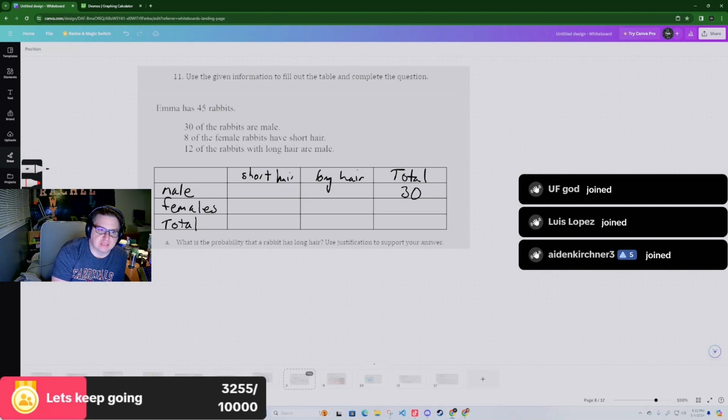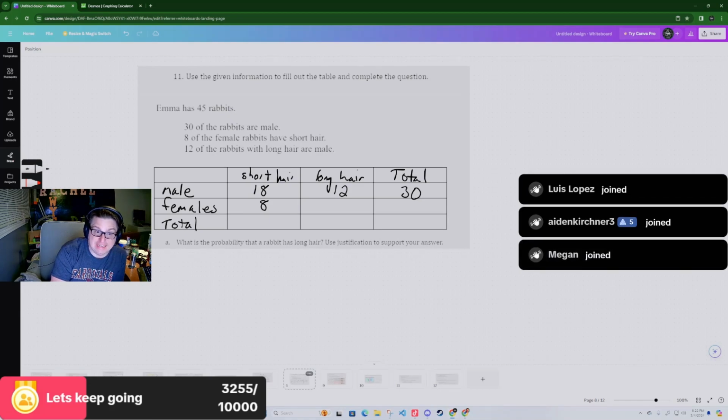We have 8 of the female rabbits have short hair, so there's 8 of them that are female and short hair, and then 12 of the rabbits with long hair that are male. So if we have 12 here and we minus that, that means there's 18 of them here, okay? Because we do 30 take away 12, that will leave us with 18.